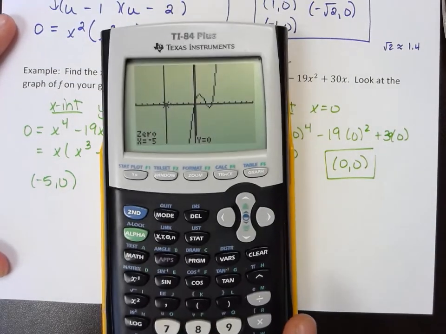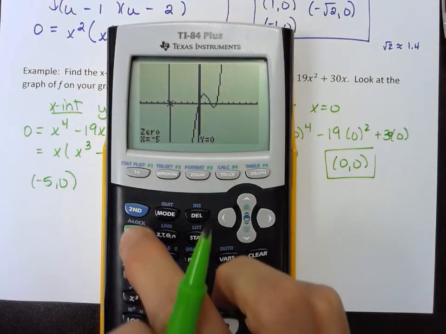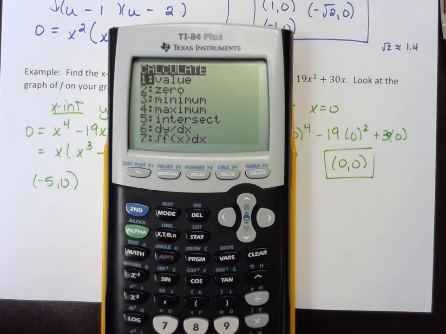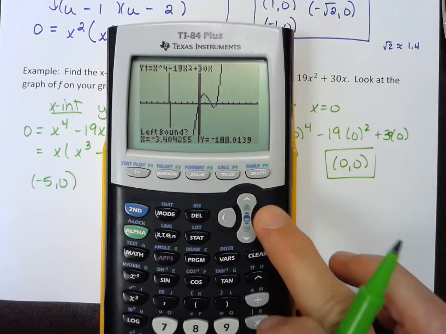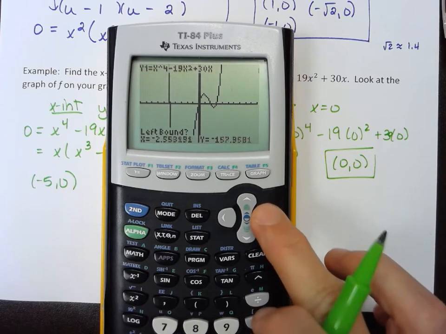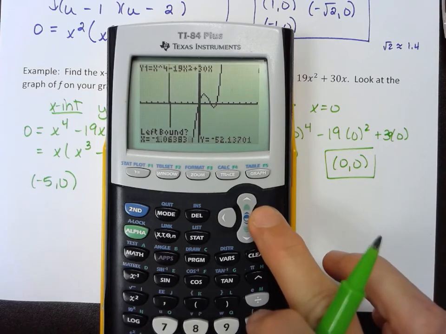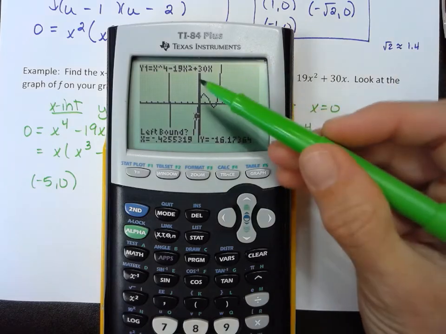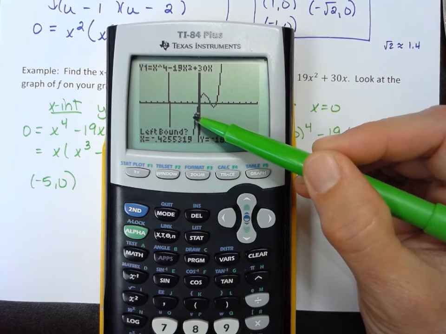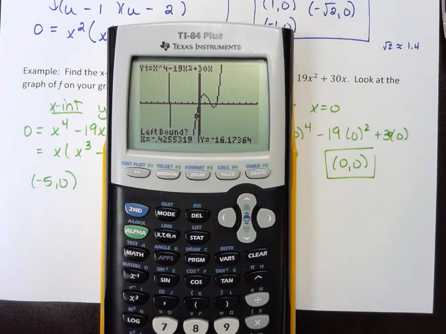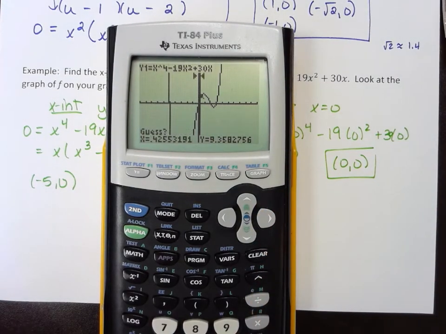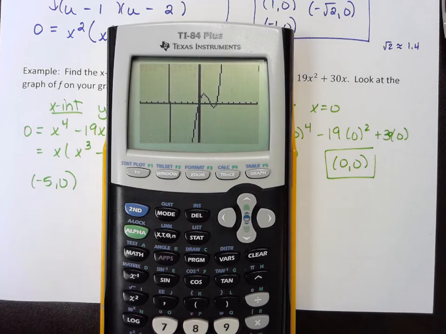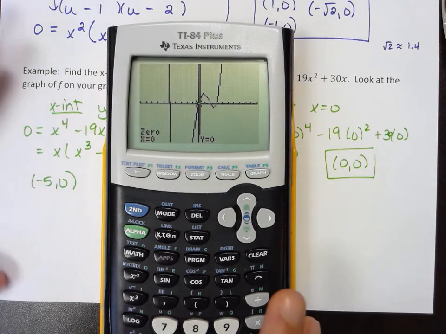Alright, well that's one. Let's get another one. So second calc 0. Oh, there's my cursor. I'm trying to get this 0, so I need to be on the left side, enter. I need to be on the right side, enter. Guess, yes, enter. Looks like the point (0, 0).